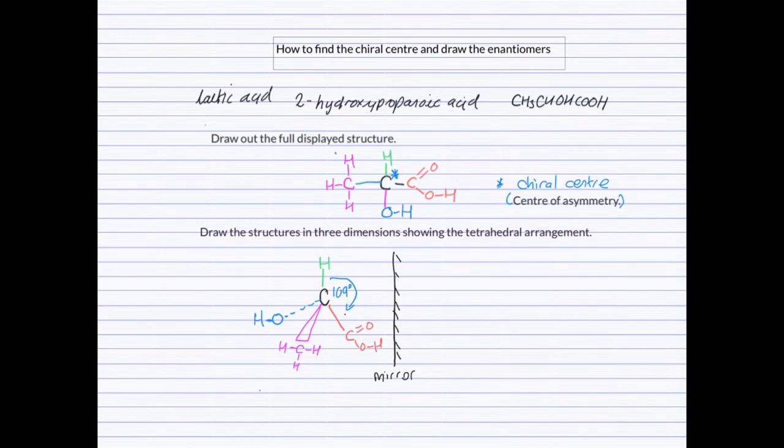So we're going to reflect the carbon atom here. The next atom I'm going to reflect is the hydrogen atom, and therefore we're going to draw the hydrogen atom here. So we've taken the hydrogen and the carbon, and now I've taken the carboxylic acid group and I've drawn the carboxylic acid group here.